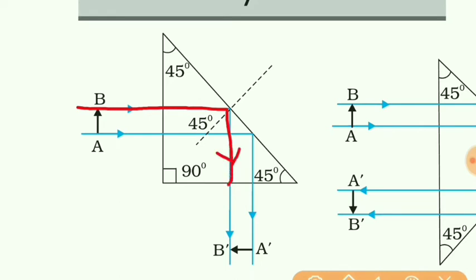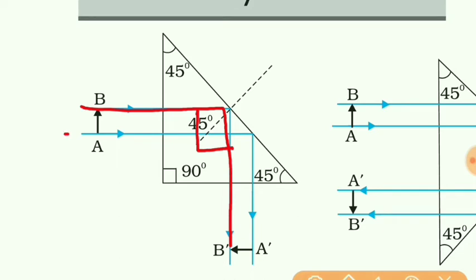Once again here it strikes at this surface separating two media. Here there is air and here it is glass. So this ray will once again move normally, and so the angle made by the incident ray and the emergent ray is 90.